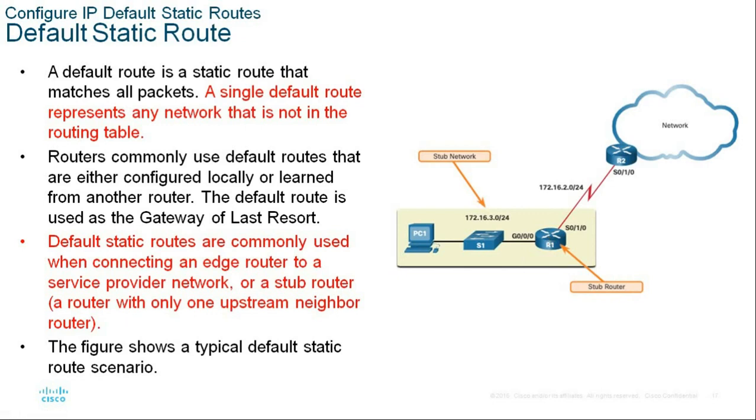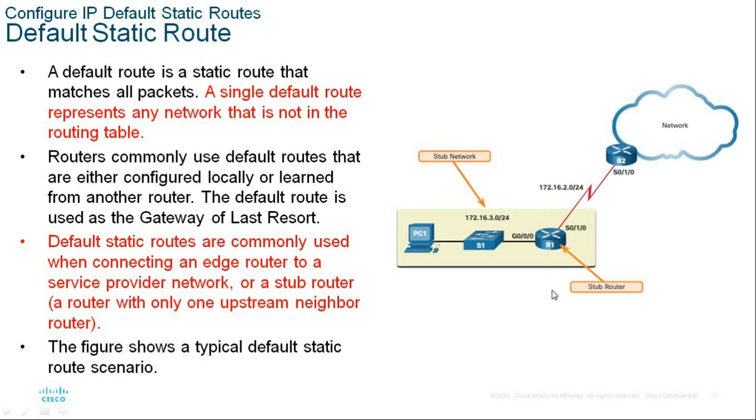When a packet is coming, the router will identify the remote network. If there is no remote network entry in the routing table, finally it will check the default static route. If the default static route is there, based upon the exit interface or next hop, it will forward the packet. If you have not configured even the default static route, the packet will be dropped by the router.